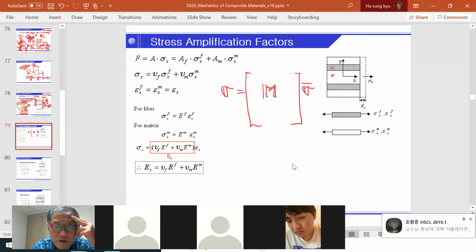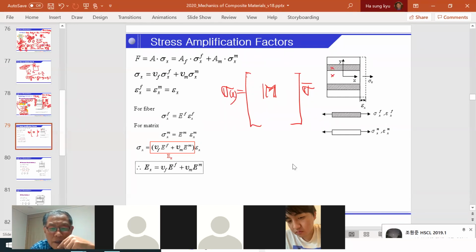So this is a function of x, sigma x, and this is the sigma bar. So this is the stress amplification factor.